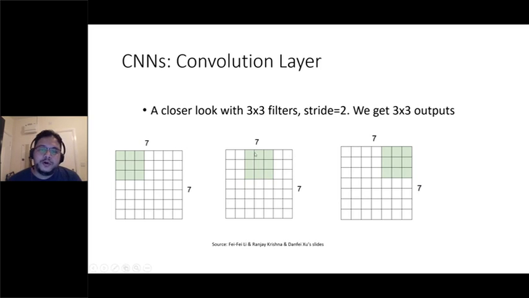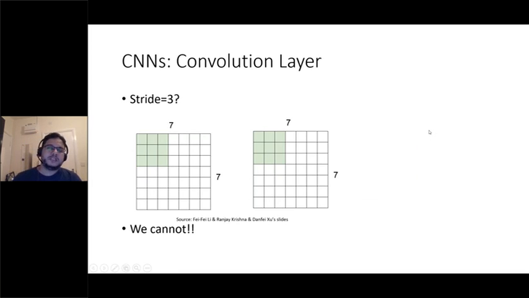No problem. So here we have the stride equal 2, and you can see here we jump by 2. It's not moving by 1, but jumping by 2. So we get fewer outputs, 3 by 3. Again, stride equal 3. We can use it. We jump here, 3, then we move here.